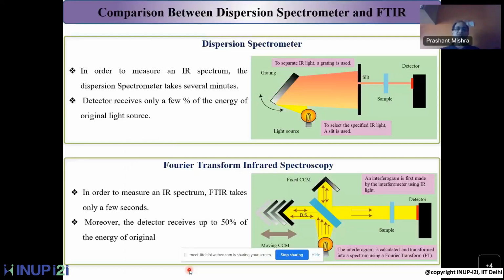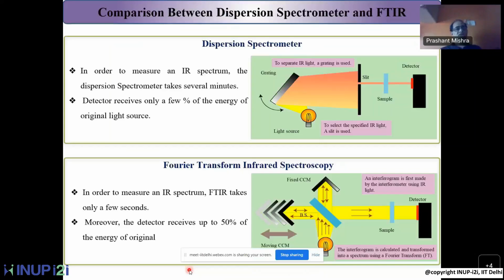When you go for a dispersion spectrometer, you have a light source, same as in FTIR, but here you have a grating, and because of the grating it will separate the IR light, and then it passes through a slit, then through the sample, and finally reaches the detector. So here you are selecting a specified IR light of a particular wavelength range.